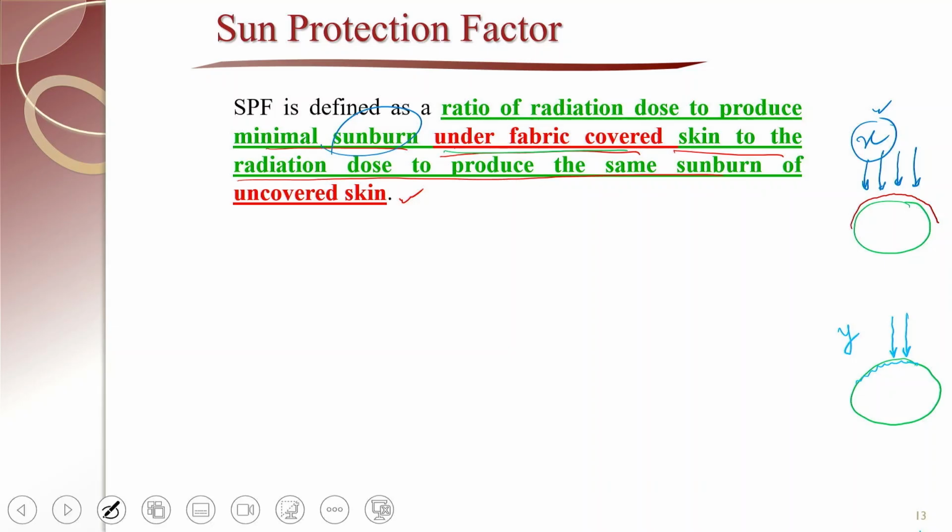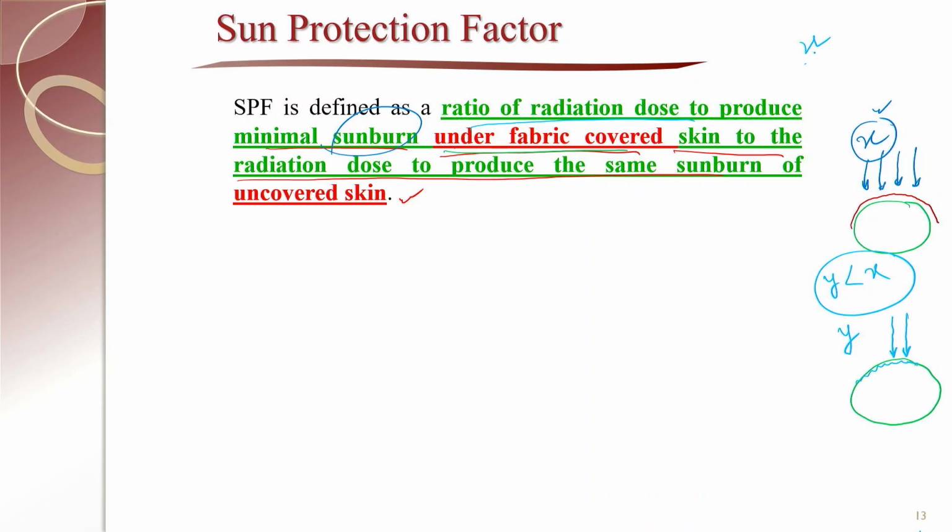This is uncovered, so y will definitely be less than x because the other is covered. The ratio of radiation doses, x and y, x by y, will be the SPF, which is more than 1.